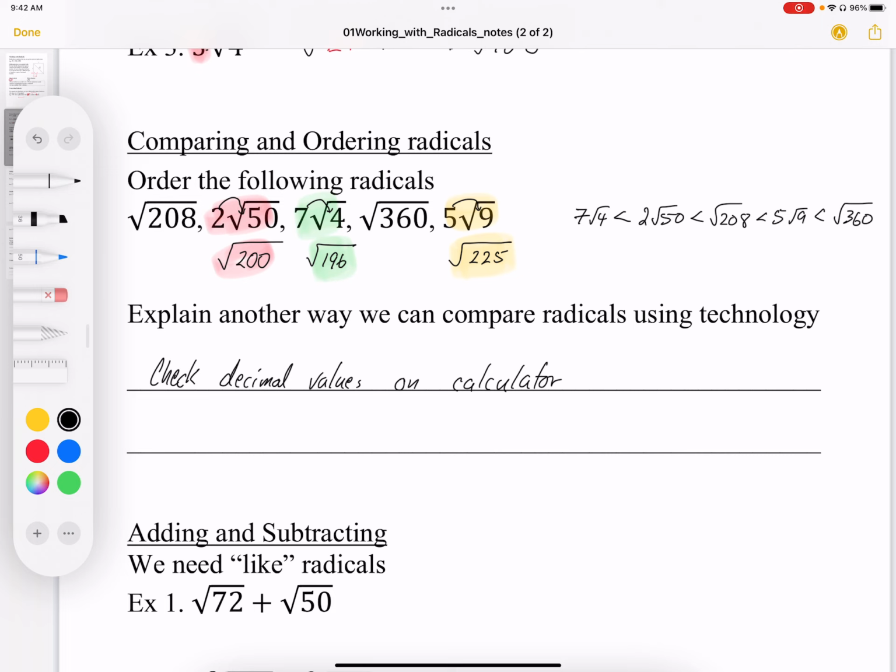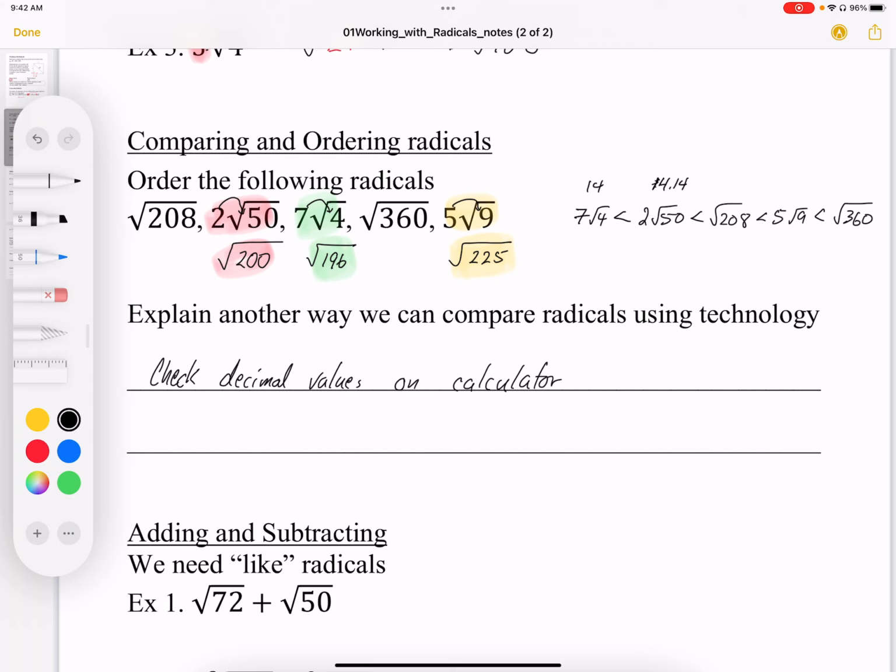Well, that's actually just going to be 14. 2 times square root 50, that decimal value is 14.14.